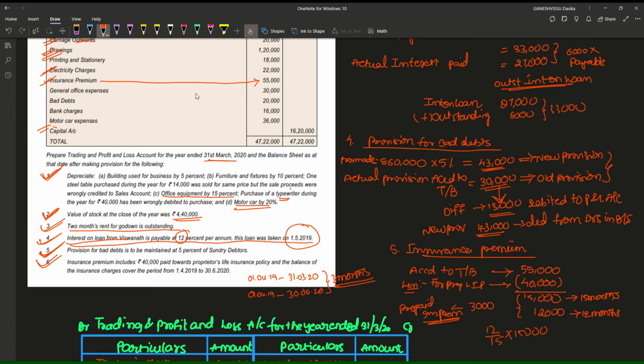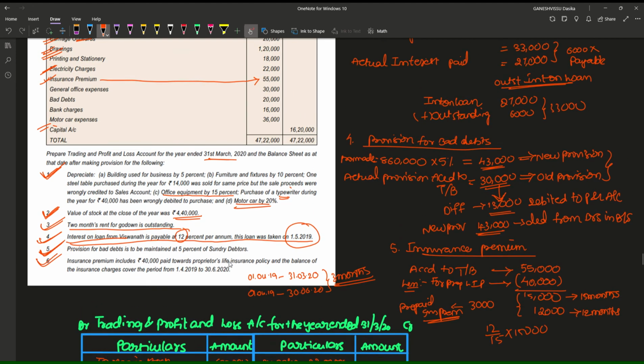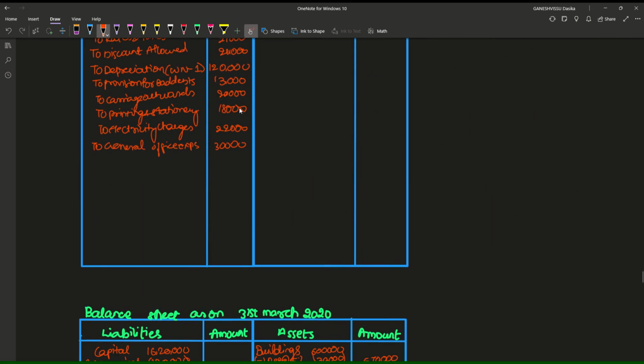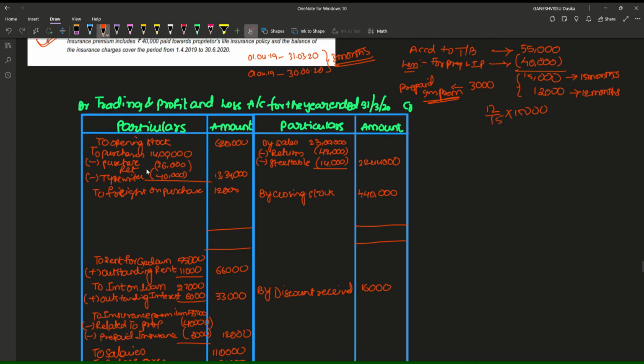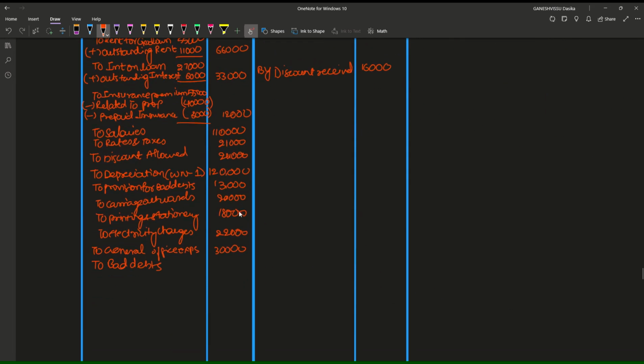Insurance already completed. General office expenses 30,000, to general office expenses 30,000 rupees, right? Bad debts 20,000, to bad debts 20,000. As it is given in the trial balance, there is nothing to be done to the sundry debtors in the balance sheet. Bad debts 20,000 rupees.